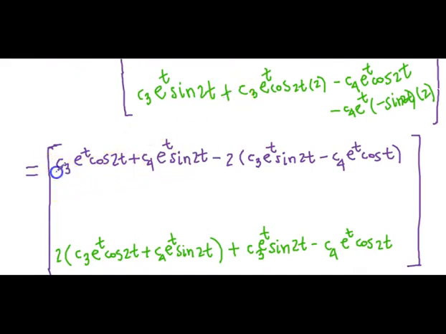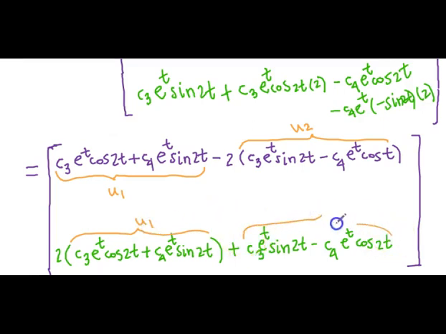You can notice that this term here is u1, this quantity in parentheses is u sub 2, here we have 2 times these terms, and this term in parentheses is u1, and here we have another term which is u2.